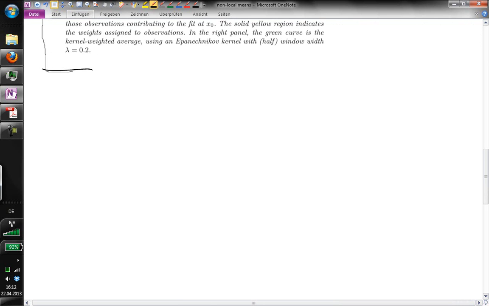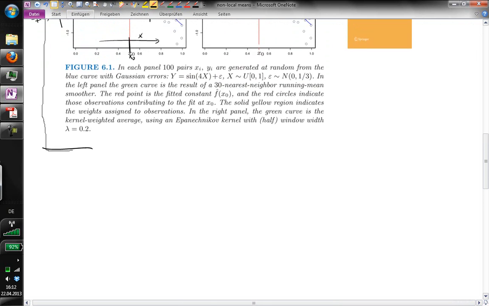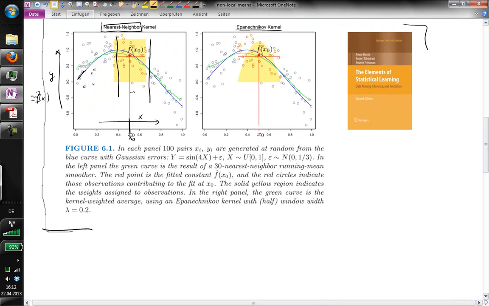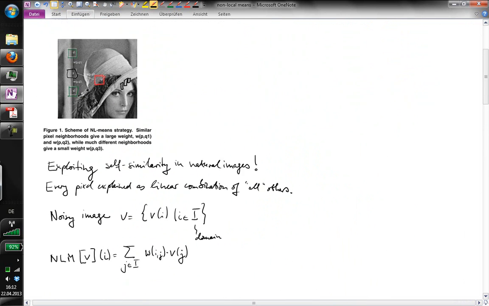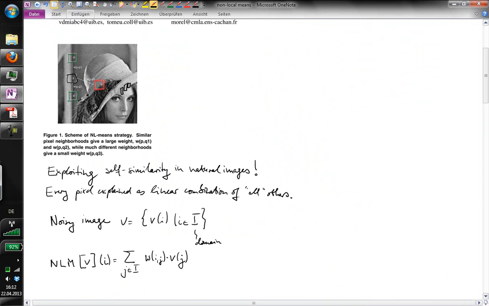Okay, so what does this have to do with image denoising? This is what we had in mind originally. Again, this viewpoint is taken where each patch is vectorized, and each patch becomes simply a point in a high-dimensional feature space.